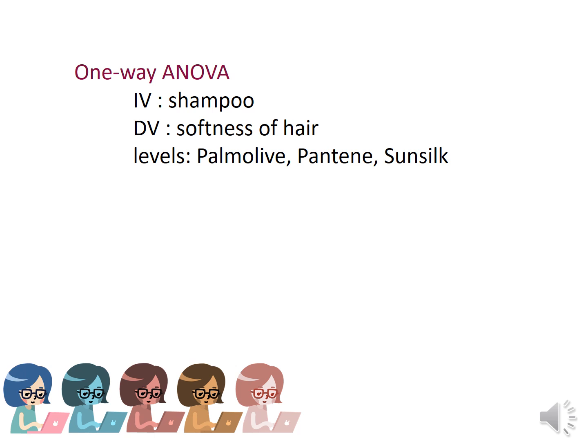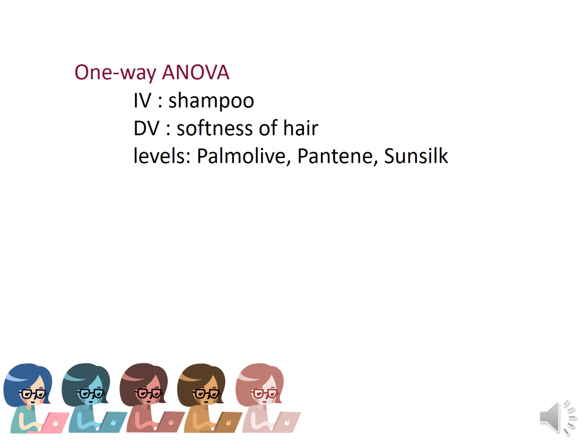Let's say there is only one shampoo brand, Pantene, but one group will take 1 teaspoon of shampoo, another group 2 teaspoons, and another group 3 teaspoons of shampoo. So anyway, let's continue.